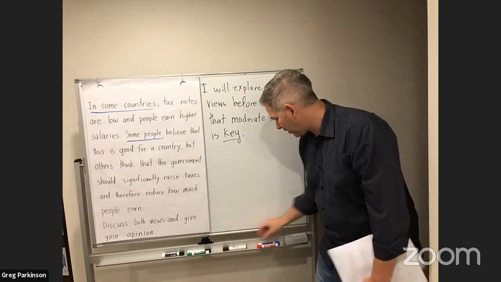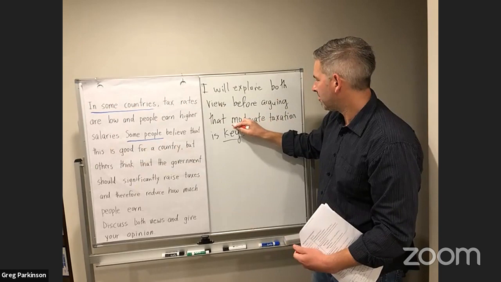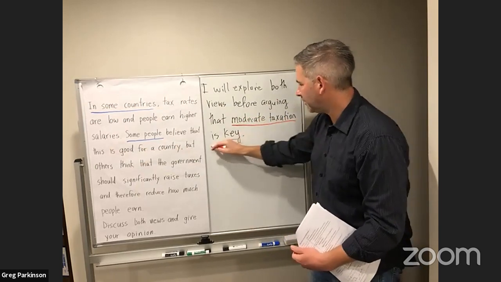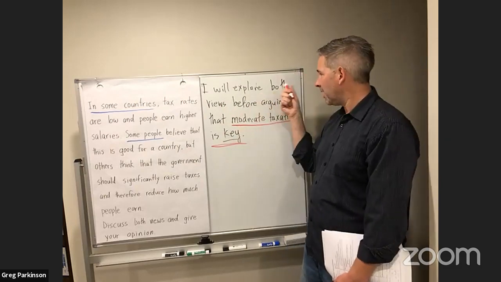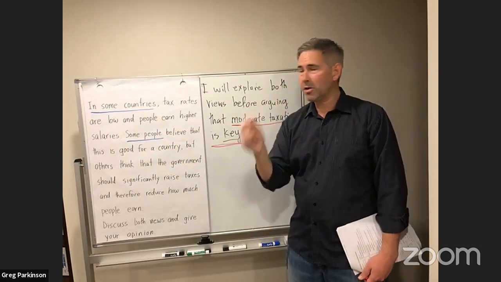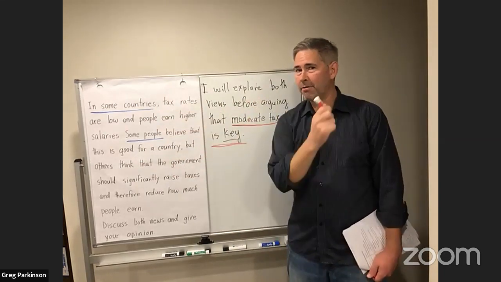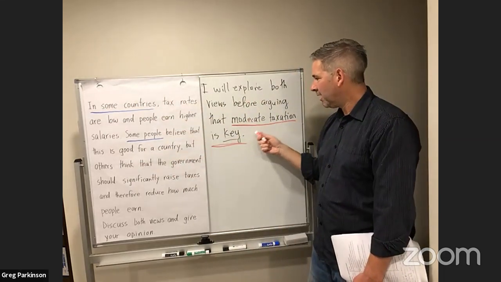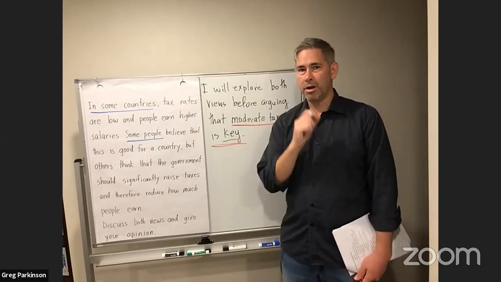But my position is right here. Right, so again, the preview, I'm just going to say that in my essay, I'm going to talk about both views. So this view and that view, which I've already paraphrased. And then here is my position here, that moderation is the key.